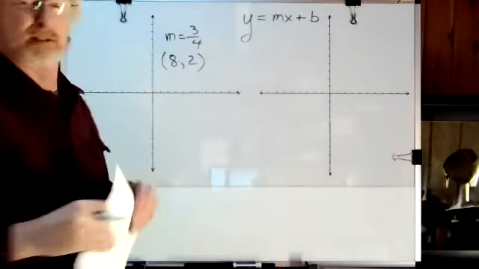What if I know a slope value and some other point out in the middle somewhere, right? I know the slope. Recall that if I know where that point is, like 8,2 is up here someplace, and I know a slope, I should be able to start from that point and I could count the slope values and find a second point and graph it, right? But I want to come up with that equation.